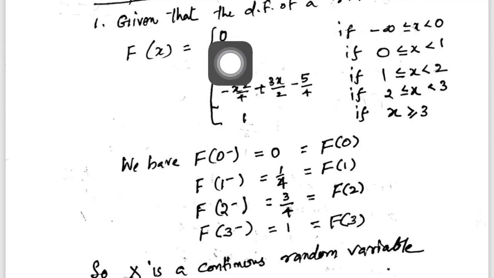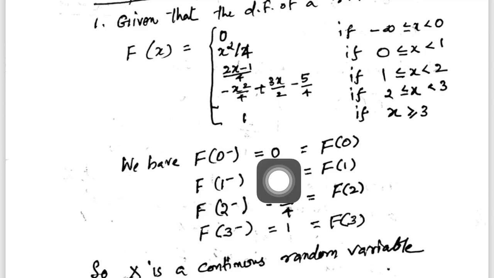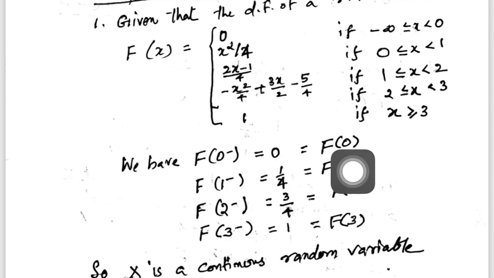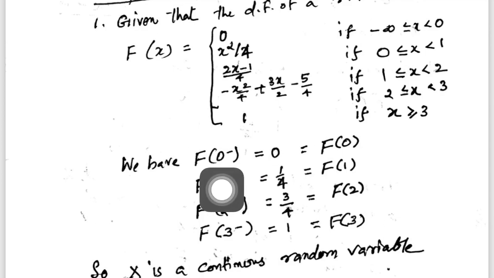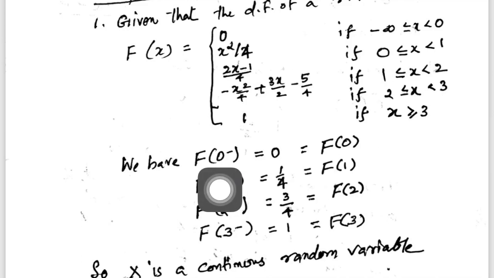F(x) equals 0 there, so if you put 0, that becomes 0. And what is F(0) exactly? You see, F(0-) and F(0) are different. The F(0) on the right-hand side is the distribution function value at 0, but F(0-) is the distribution value at a real number just below 0.